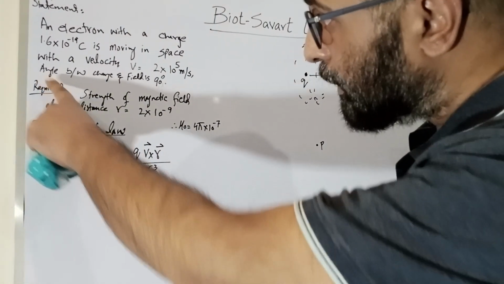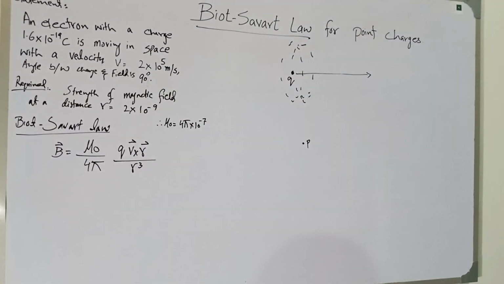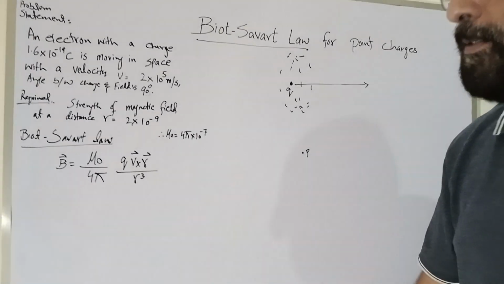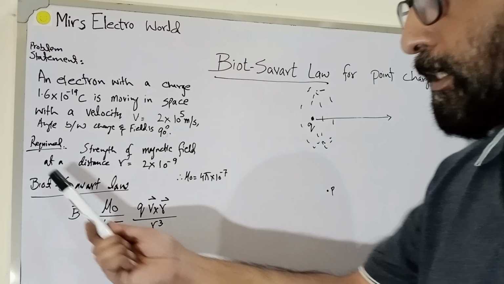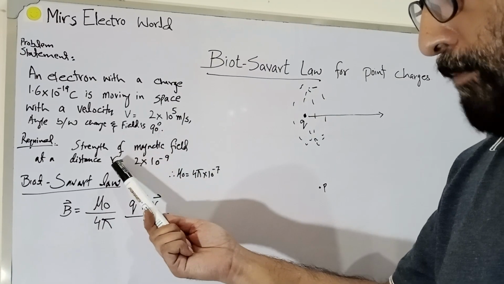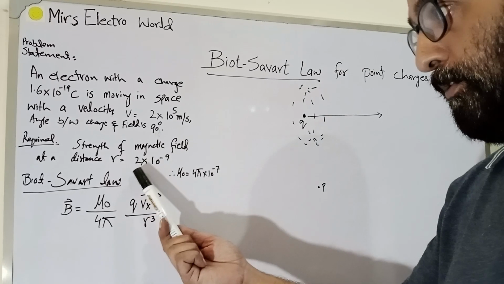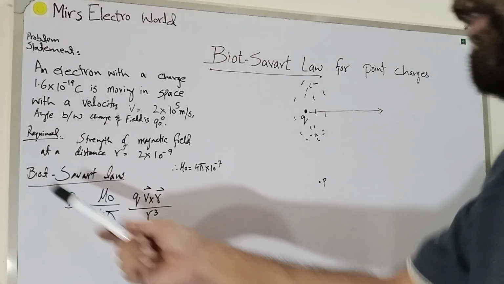The angle between the charge's velocity and the field direction is 90 degrees. We have some data here, and what is required is the strength of the magnetic field at a distance, which we call R because it's used as R in the formula. Now, this is the Biot-Savart law.